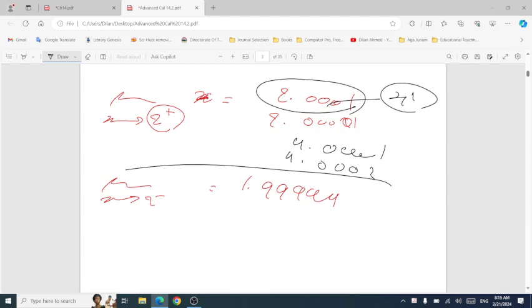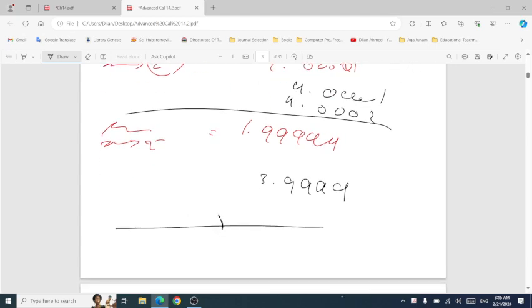How about the negative part? I'll get 3.9999. Clear? So when I come from here, I get 3.999 on the y-axis, and when I come from here, I get 4.001.